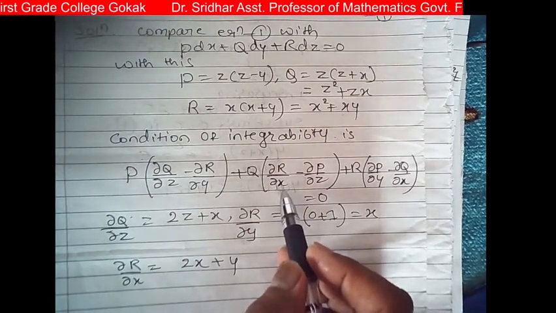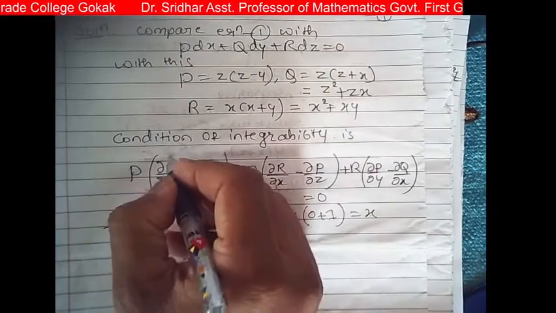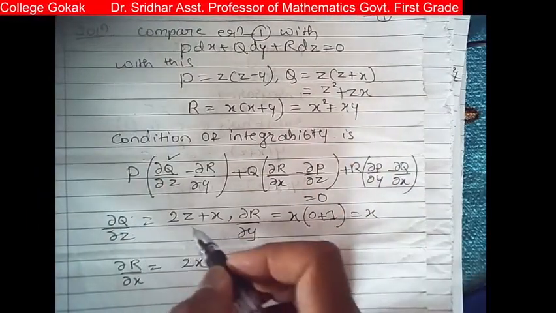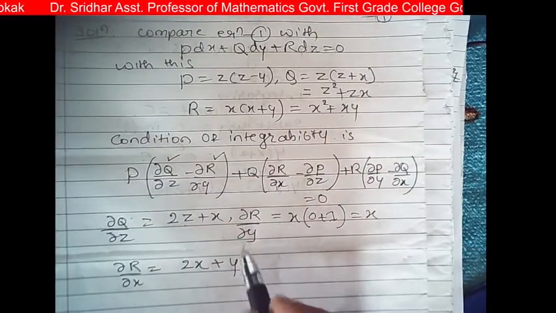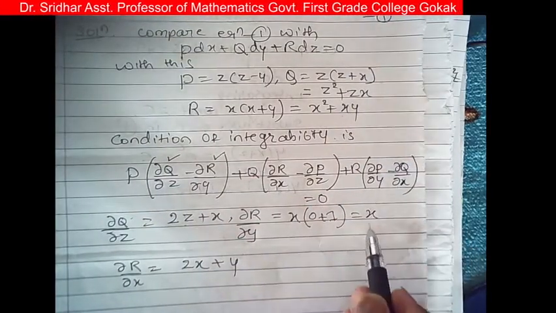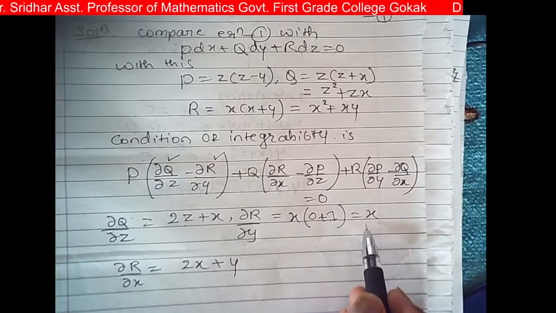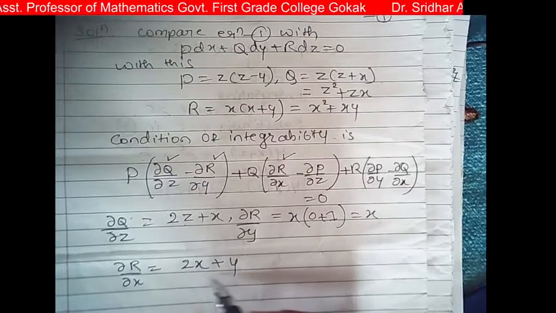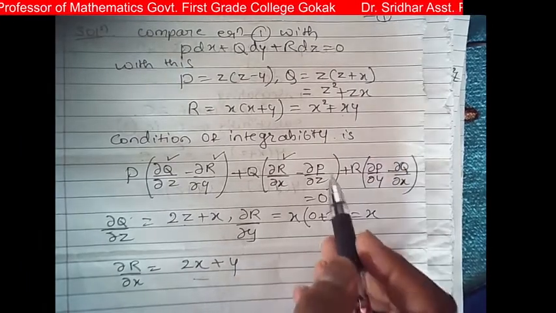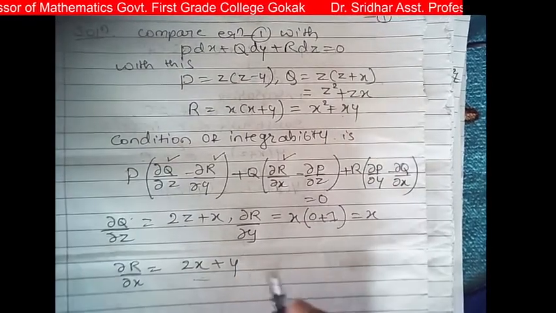So now dou Q by dou z we found. This is 2z plus x. Next dou R by dou y, that we also found, that is equal to x, right? Then dou R by dou x also we found, that is 2x plus y. Next we find dou P by dou z.